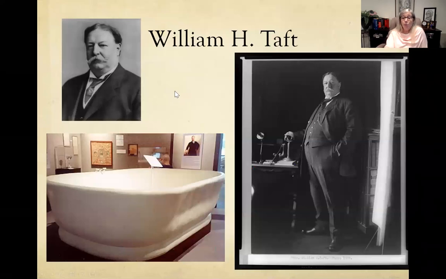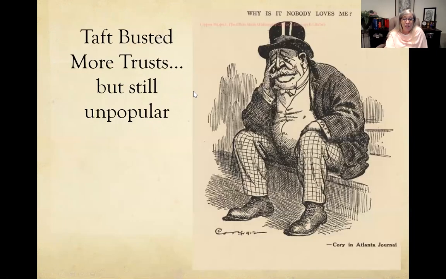So Taft comes in as president, but guess what? He doesn't follow the policies exactly like Roosevelt would have wanted. So instead of having good trust and bad trust, Taft goes after all of the trust. Okay, he feels like this type of progressive reform will make him more popular with the people, but instead it makes them angry.